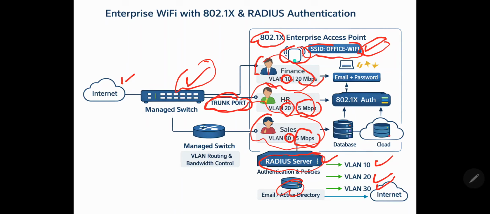Even though everyone uses the same Wi-Fi, their networks are separated and secure. Bandwidth control and internet access. The switch or router will limit internet speed. Each VLAN protects important departments from congestion and sends traffic safely to the internet. Okay, you can see here, VLAN routing and bandwidth control.